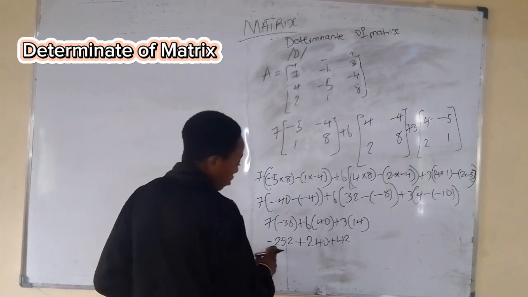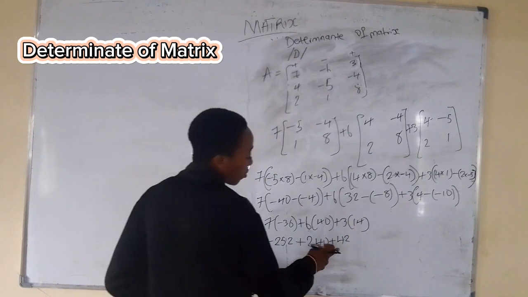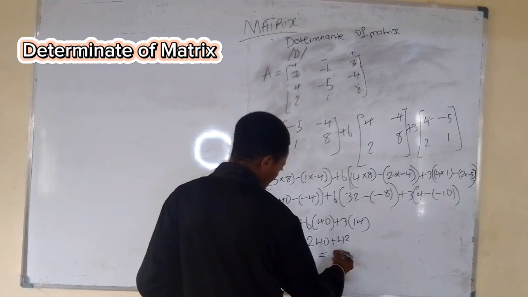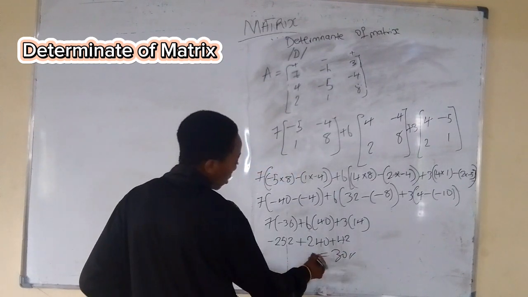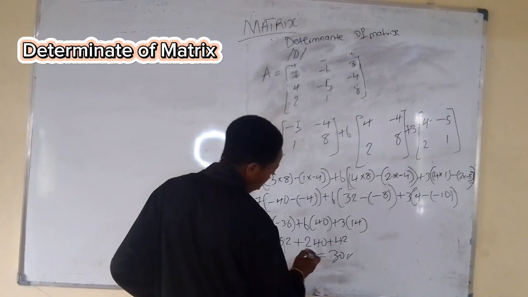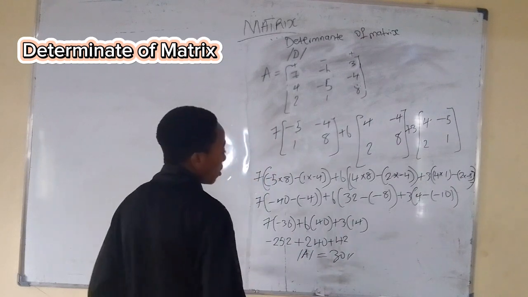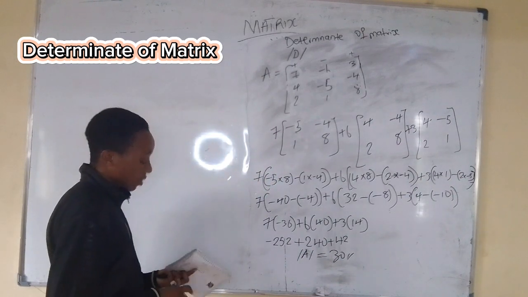Now minus 252 plus 240 plus 42 will give us 30. So this is how to find the determinant of a 3 by 3 matrix.